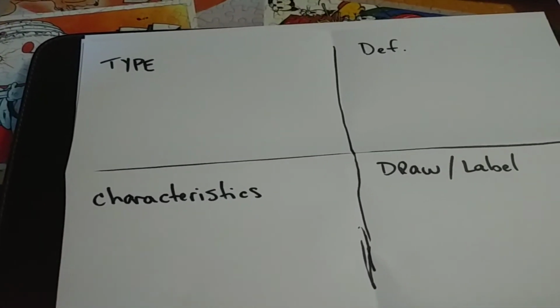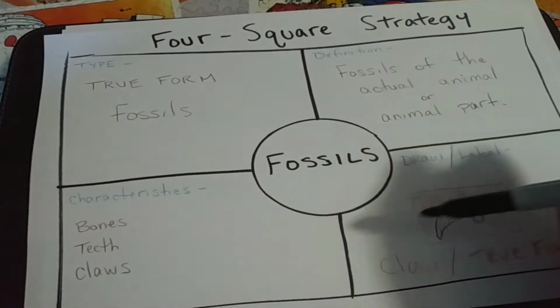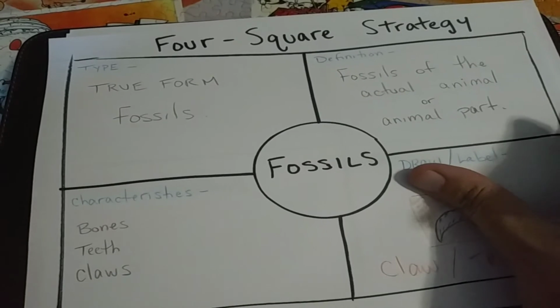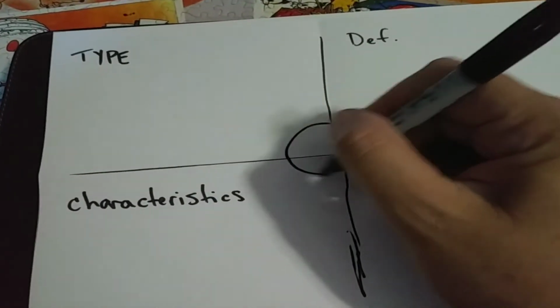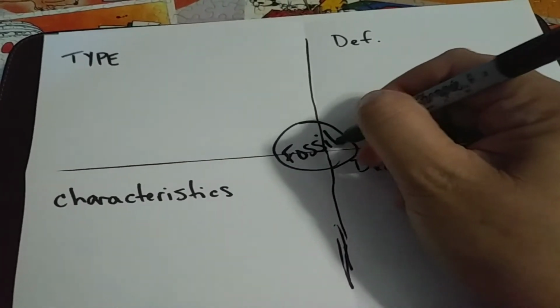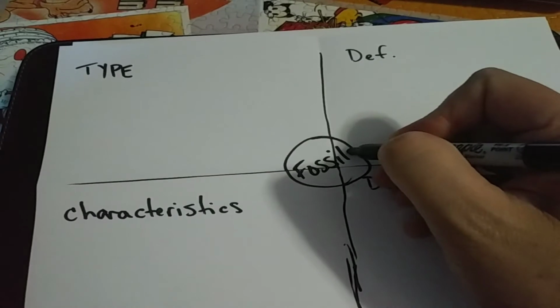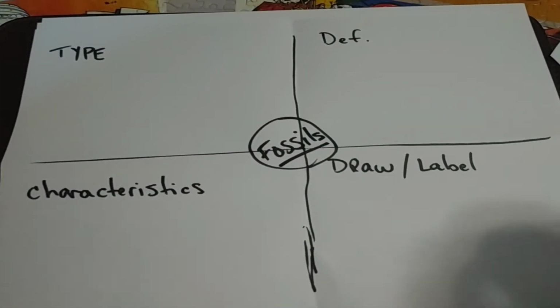For my design, I put a circle in the middle with the label fossils so that they can look back through their strategy notebook and see that this strategy is going to pertain to fossils.